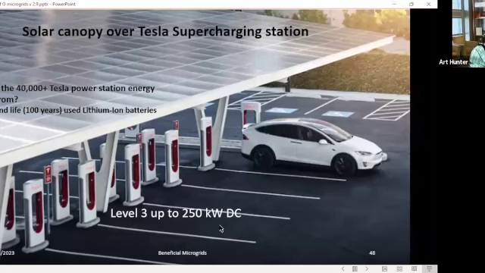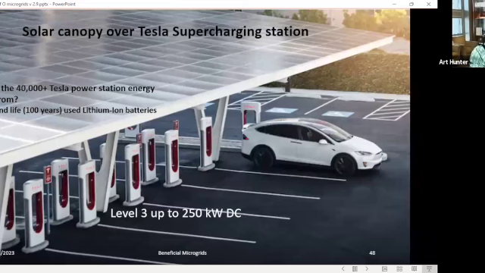Here is a level 3 charging station for Tesla. It goes up to 250 kilowatts. And of course, when you get it up there, it's all DC, no longer AC. And of course, there's 40,000 Tesla power stations out there in North America now.